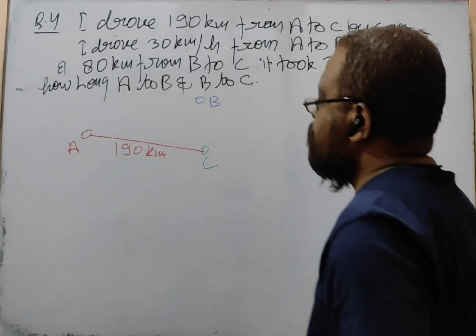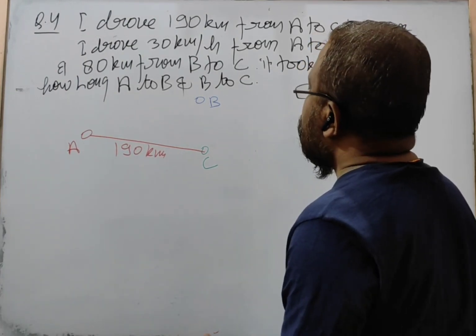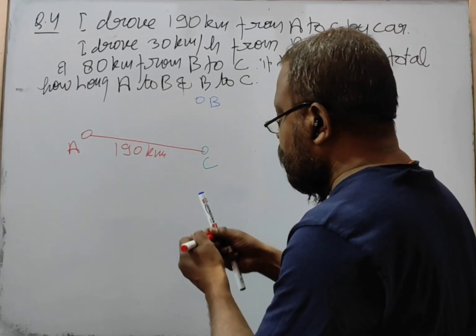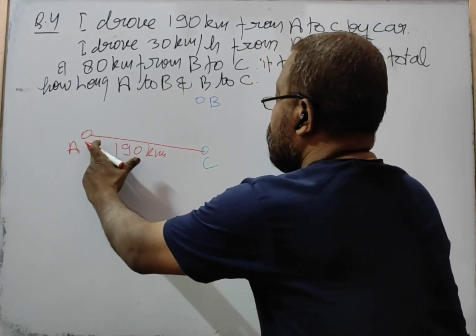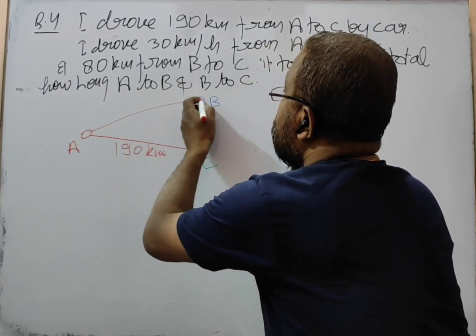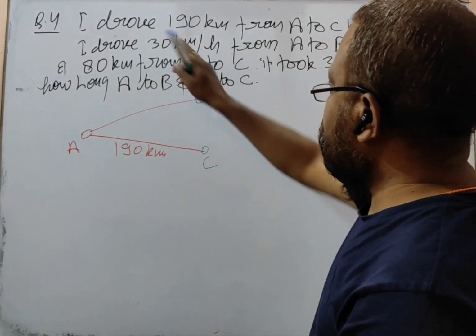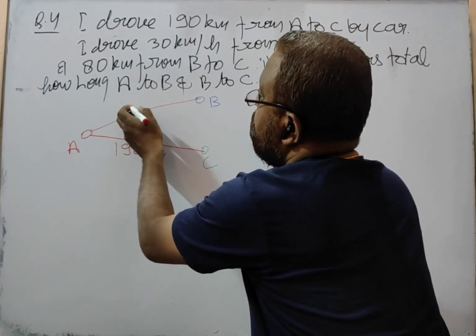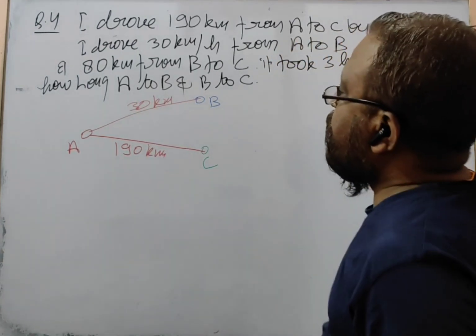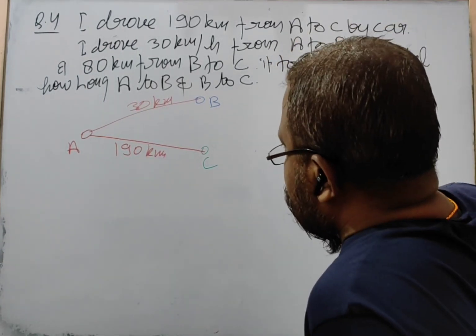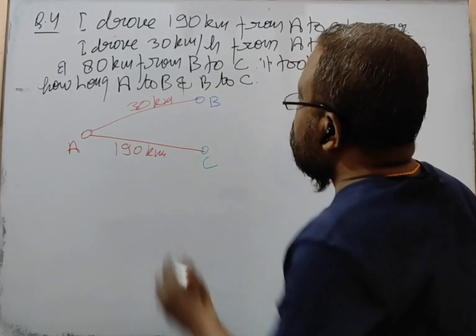Okay, and then A to B, this is A to C, and this is A to B. It is traveling at 30 kilometers per hour.